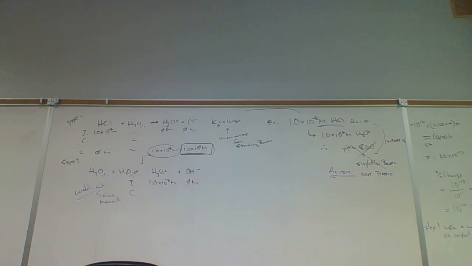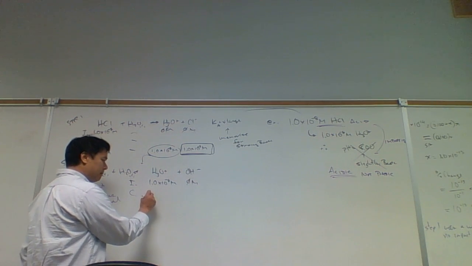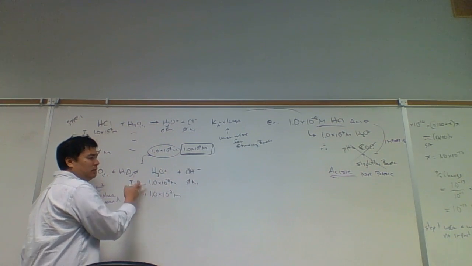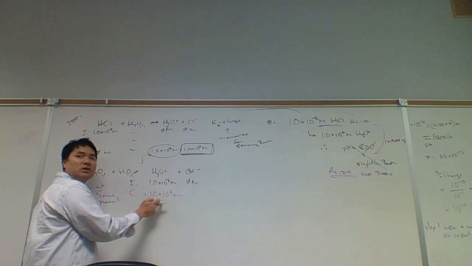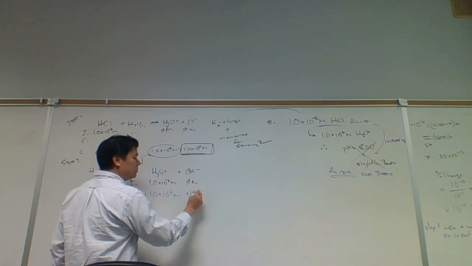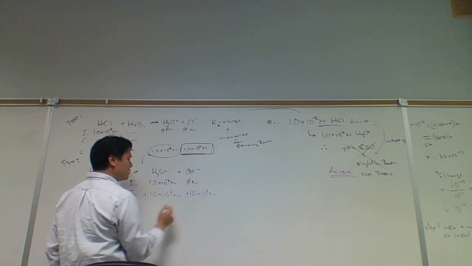KW is 1.0 times 10 to the minus 14, which generates 1.0 times 10 to the minus 7 molar hydronium and 1.0 times 10 to the minus 7 molar hydroxide. So the book does this more than once, I think, in the solutions guide. They just said, oh, we know water is going to generate 1.0 times 10 to the minus 7 molar hydronium and 1.0 times 10 to the minus 7 molar hydroxide.